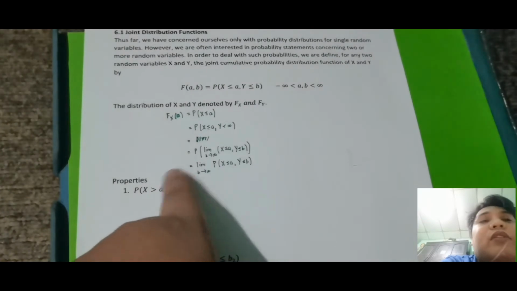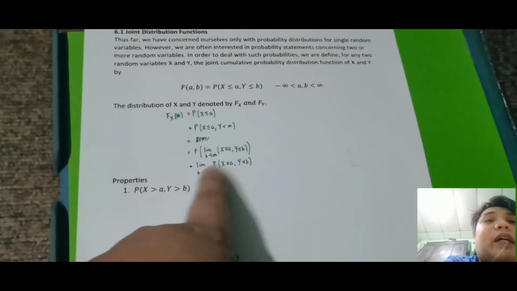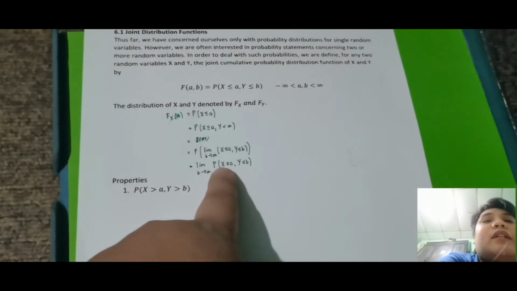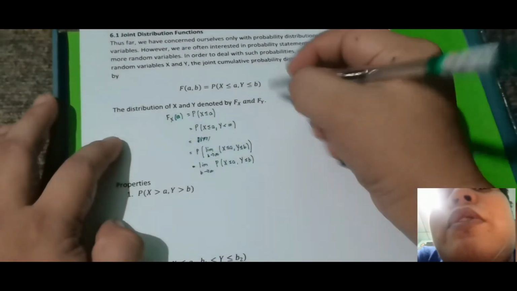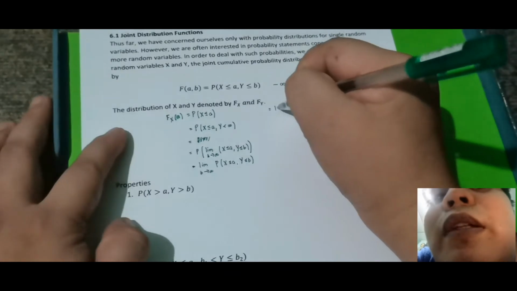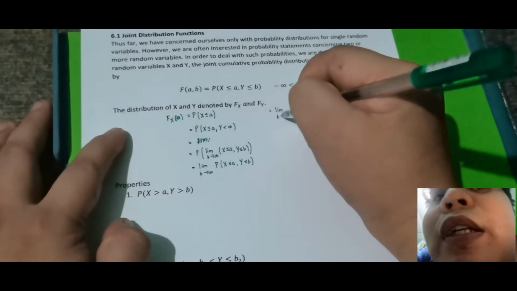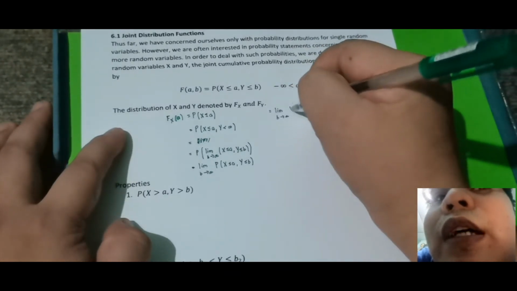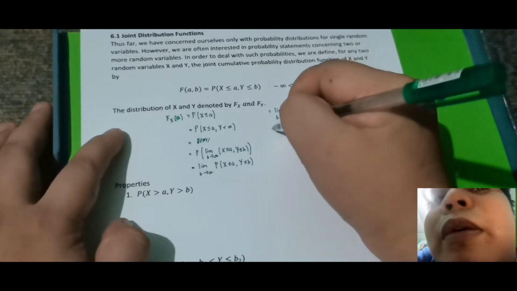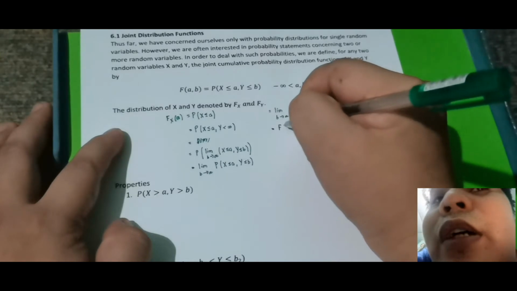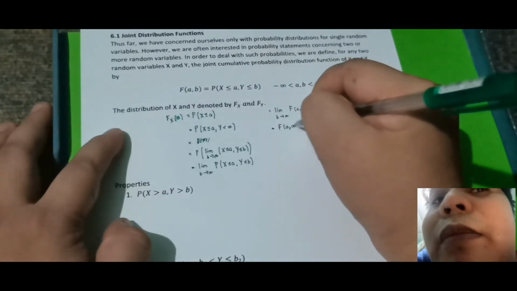Kaya ako inilagay yung limit, kasi meron akong probability ng X less than A and Y less than B in which pwede ko nang i-apply yung nasa taas. So this is just equal sa limit as B approaches infinity ng F of A, comma, B. Then apply the limit. So this is just equal sa F of A, comma, infinity.